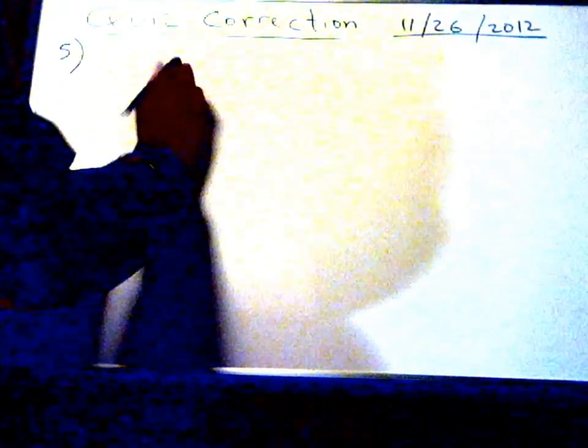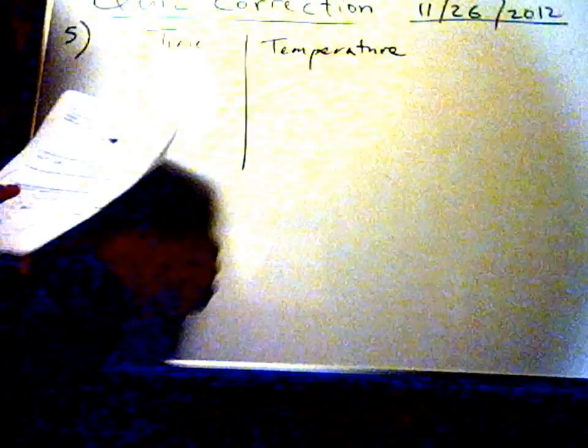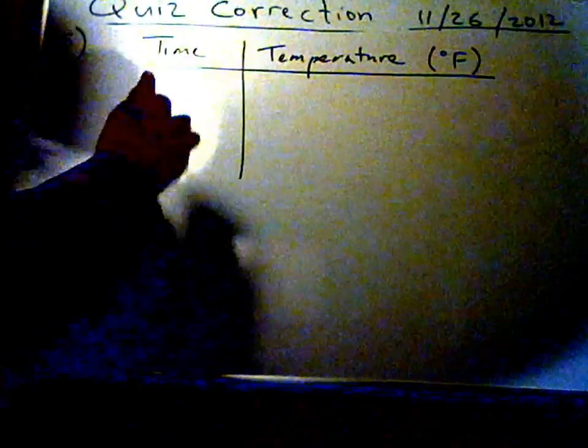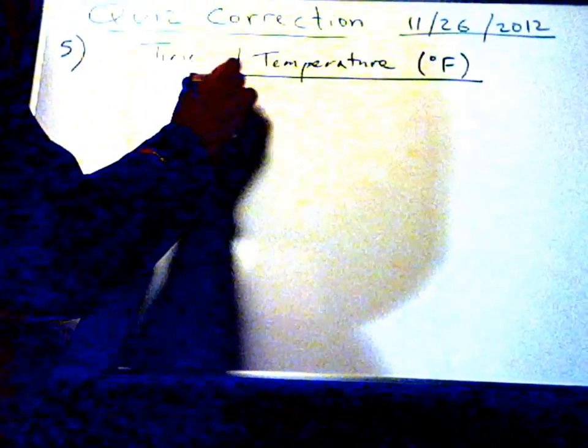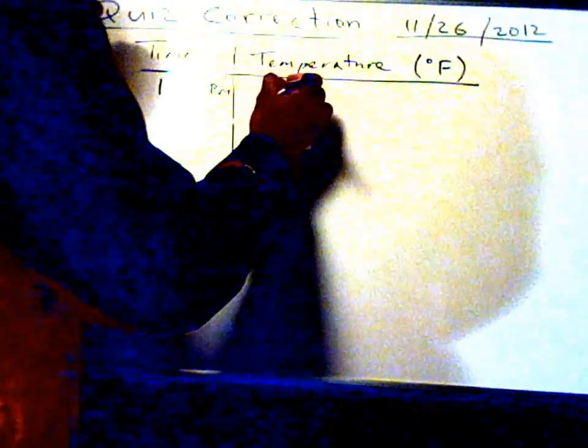So we're given here time and we're given the temperature in degrees Fahrenheit. Okay? So at 1 p.m., the temperature in degrees Fahrenheit is 66.